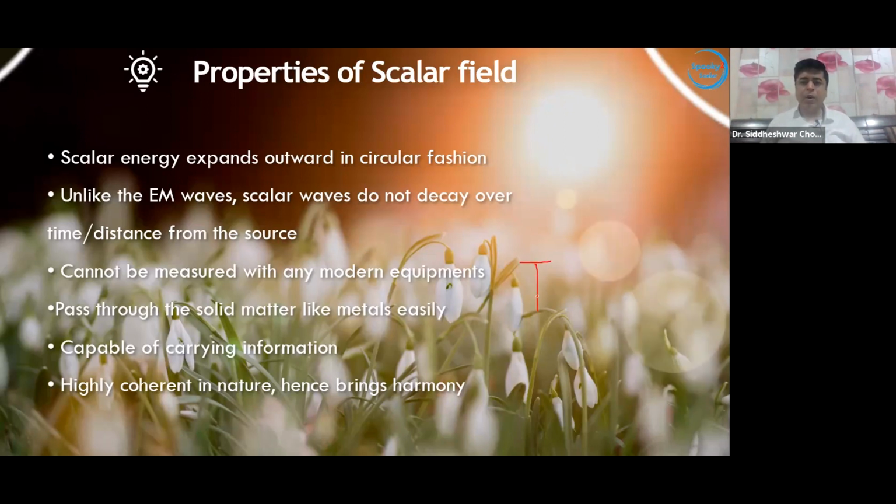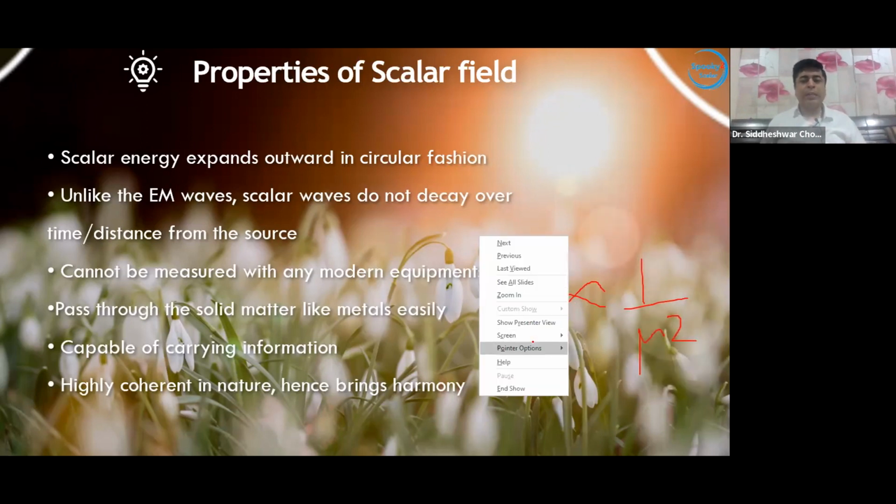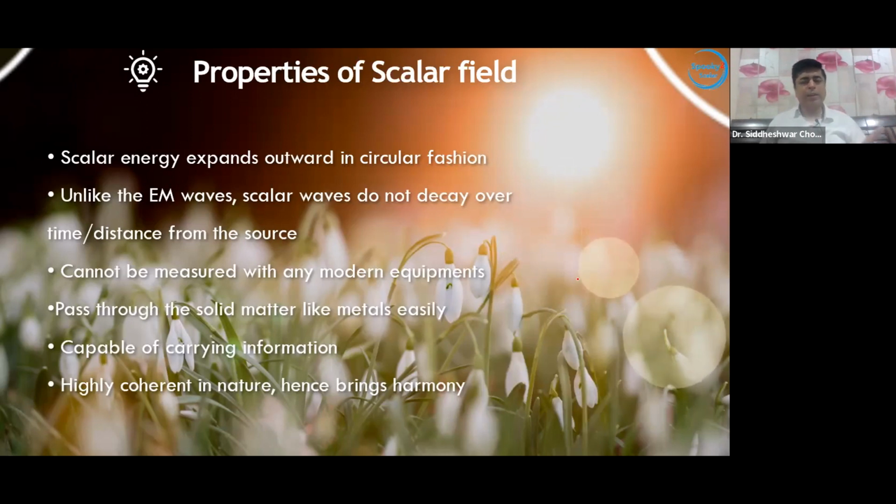The intensity or the energy of normal electromagnetic waves is proportional to the inverse of the square of the distance between the source and the device where you are measuring. So the intensity is inversely proportional to r squared. That is how the normal electromagnetic field decays.